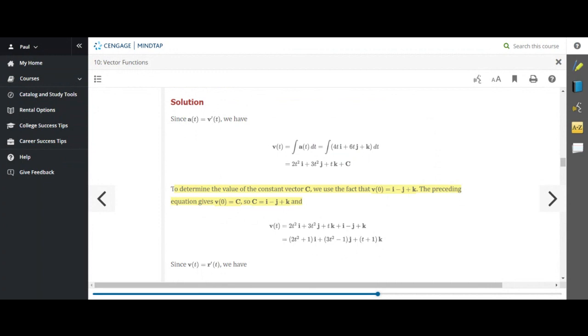And so if we substitute in t equals 0 in that velocity vector above, and set it equal to i minus j plus k, we'll get that constant vector. And so now we write down our velocity vector.